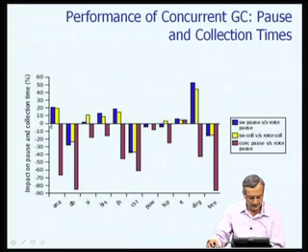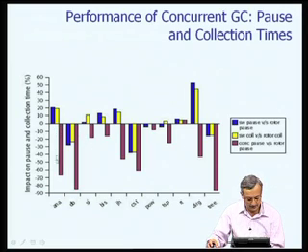It is very clear that this blue in general is about 20% here, minus 30% here, and so on. Then the yellow bar shows the stop the world collection versus rotor collection, and the brown bar shows concurrent pause versus the rotor pause. So, let us take the last one, that is concurrent pause versus the original rotor pause.